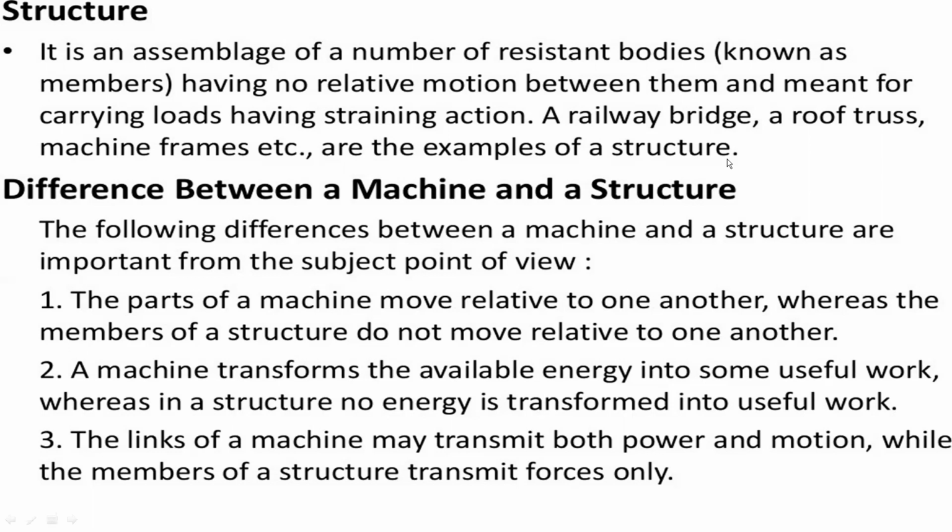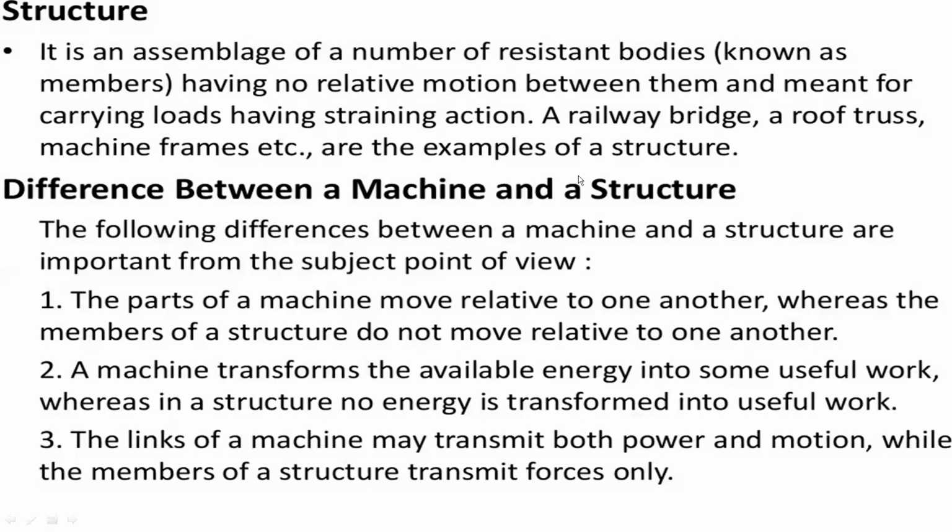And the last one, the links of a machine may transmit both power and motion. So in a machine, you can transmit both power and motion. But the members of a structure are used to transmit forces only. Because the structure does not move, that is the simple reason.